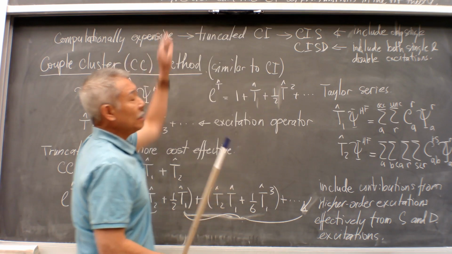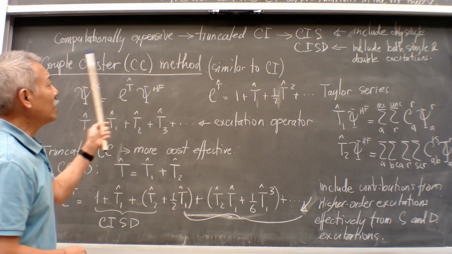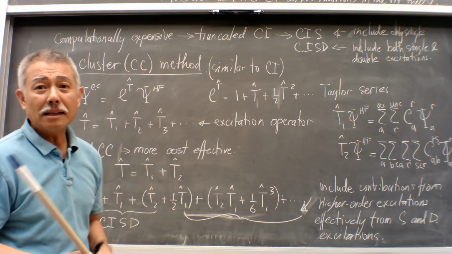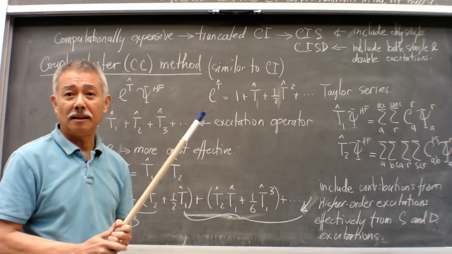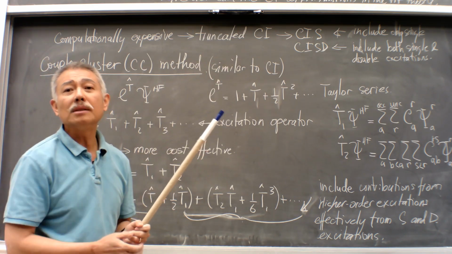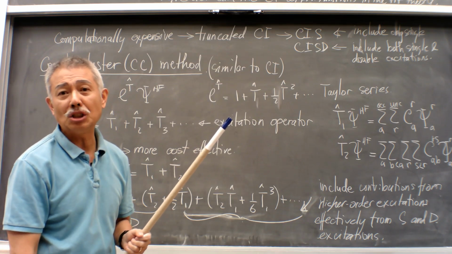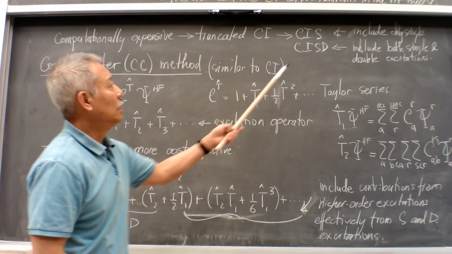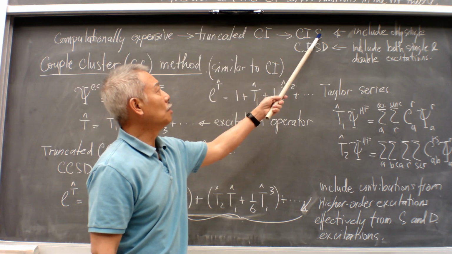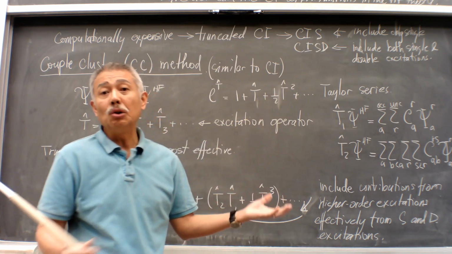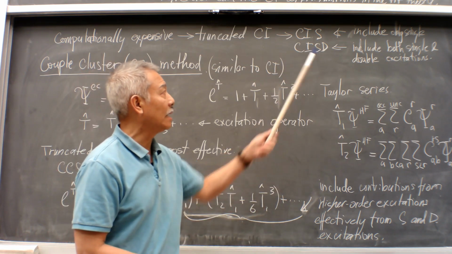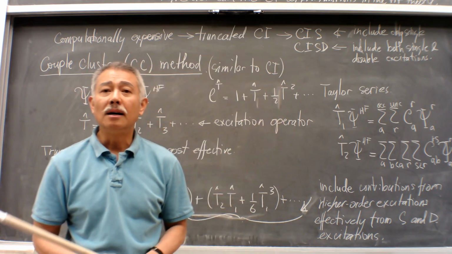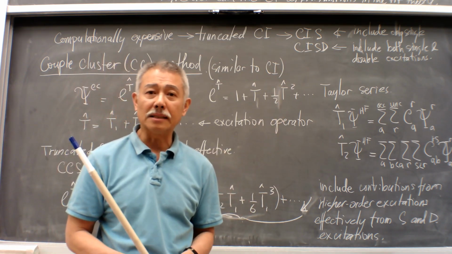It's very, very expensive computationally. So practically, the way people do this is they truncate the CI by including only up to a certain number of excitations. For example, in CIS they include only single excitations, or in CISD they include only single and double excitations.